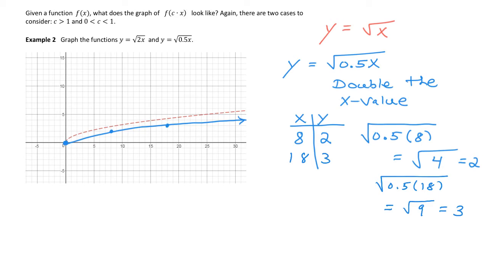So in every single case, we're just doubling the x value. Now, if we compare this to y is equal to the square root of 2x, this is going to cut every single x value in half. So this will take half of the x values.